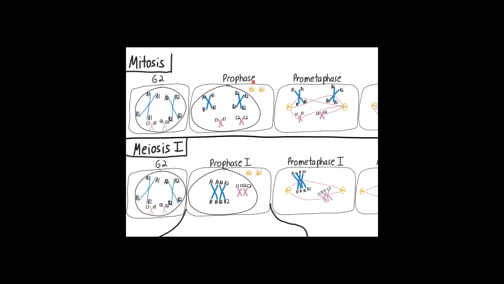In prophase of mitosis, the chromosomes condense, but they remain apart as dyads. So we see 4 dyads here.